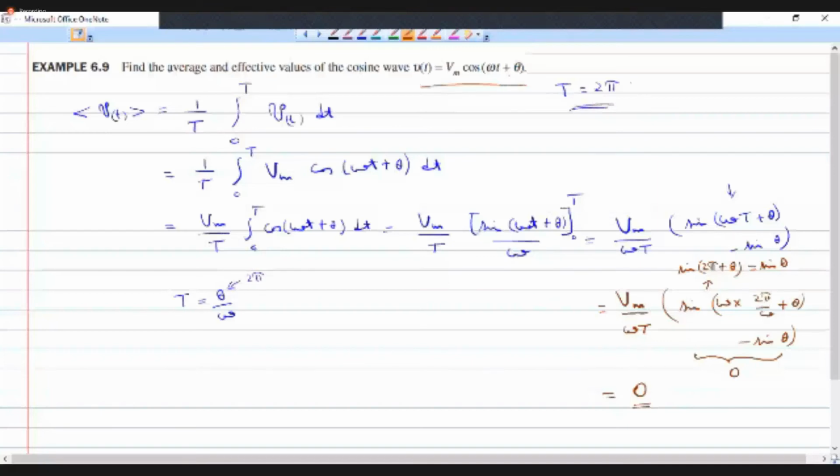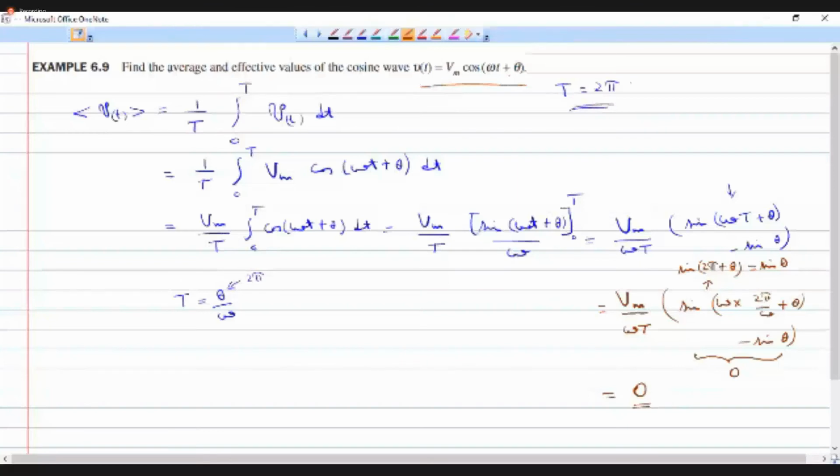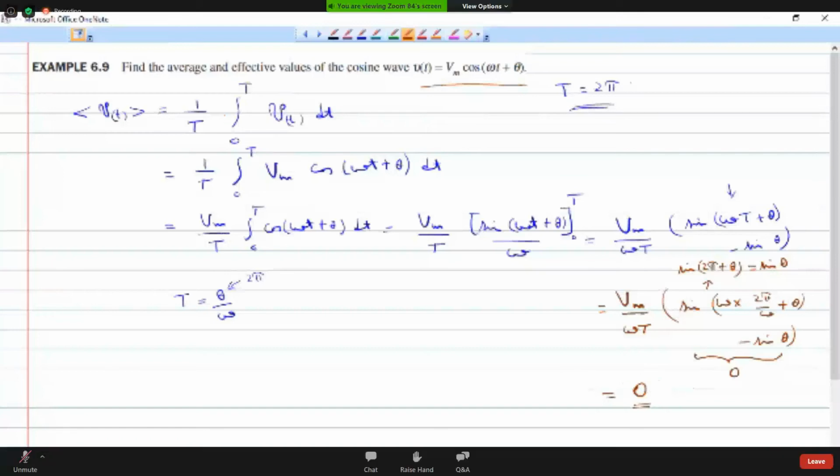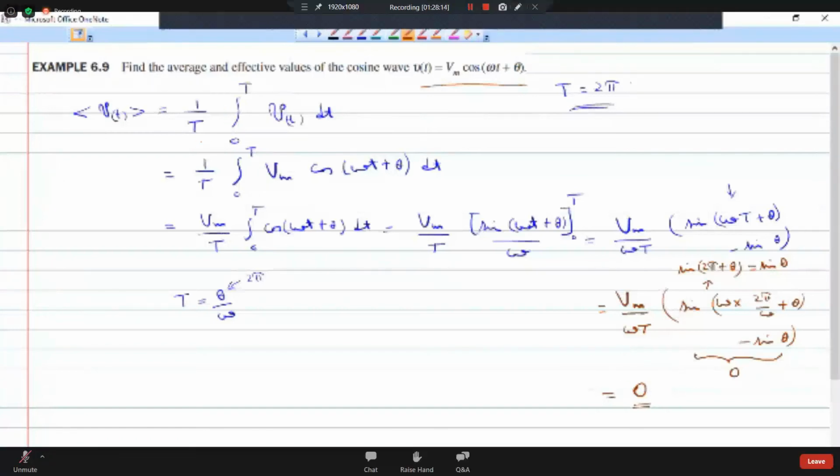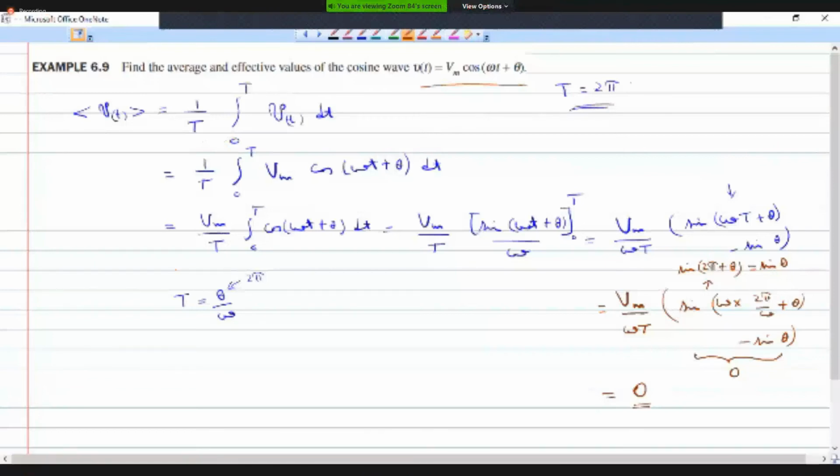So when we find out the average value of a sinusoidal function, meaning a sine function or a cosine function, it will result in 0 average value. That is, if you are finding the average value over the entire time period, okay. Because if you see it graphically also, you will be able to understand this.